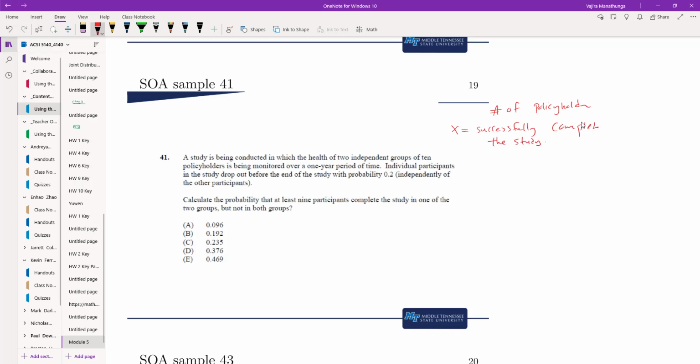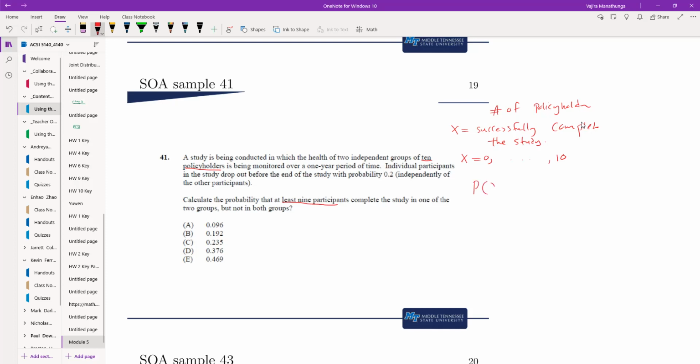Okay, since we are using 10, X can be 0 all the way up to 10. 0 means everyone drops out, 10 means everybody stays until the end of the study. And we want to first know at least 9.